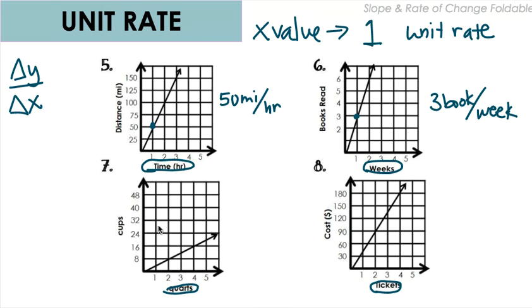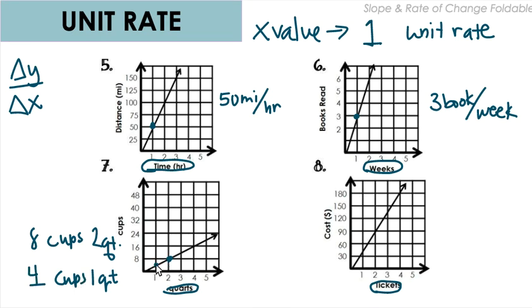I want you to try 7. Well, actually, no, let's do 7 together. And you'll see why. So if I look at the 1, it's really hard to tell where we're at here with 1 quart. So let's go to 2 quarts. Well, if it's 8 cups for 2 quarts, what is it going to be for 1 quart? 4.